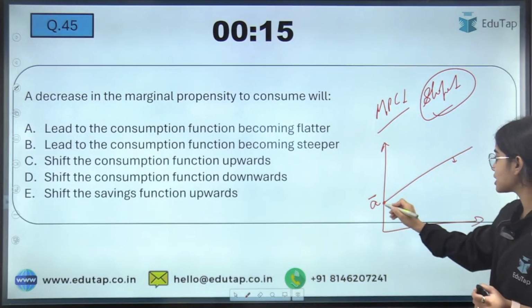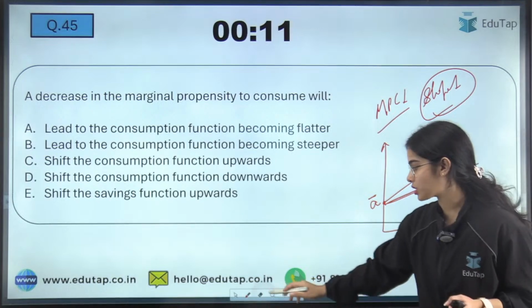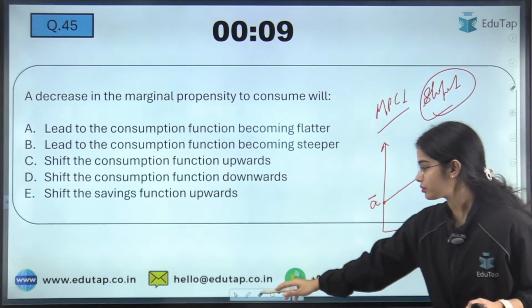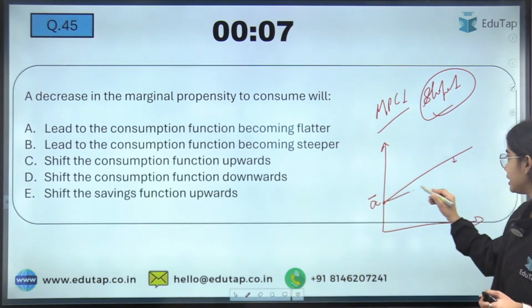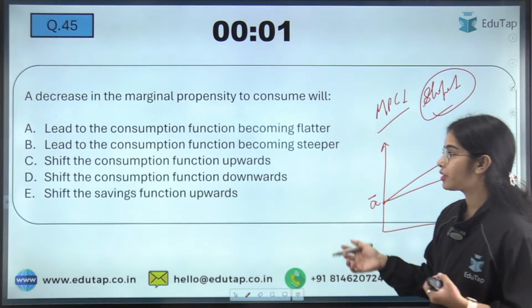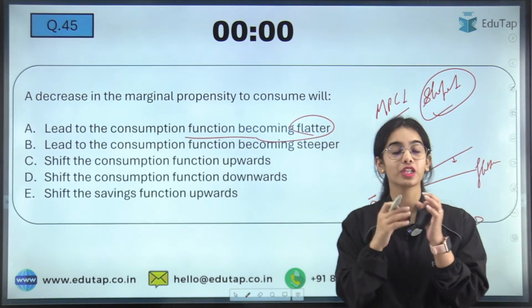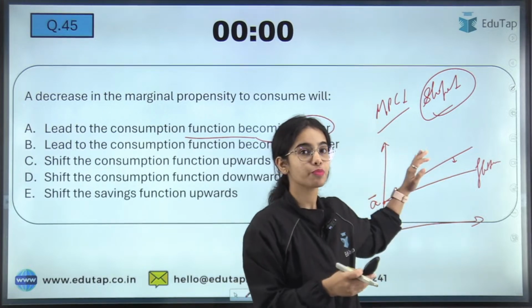So if the slope is decreasing, your consumption function will rotate downwards and lead to a flatter consumption function. Got it? If the MPC is declining, the consumption function will become flatter.